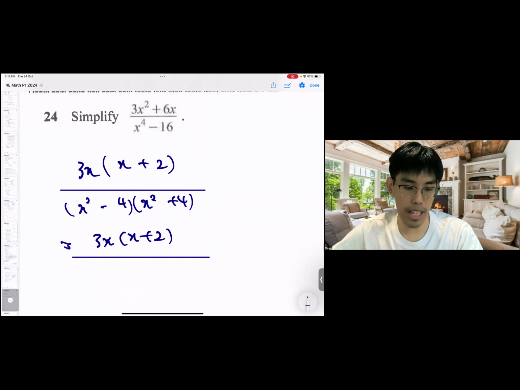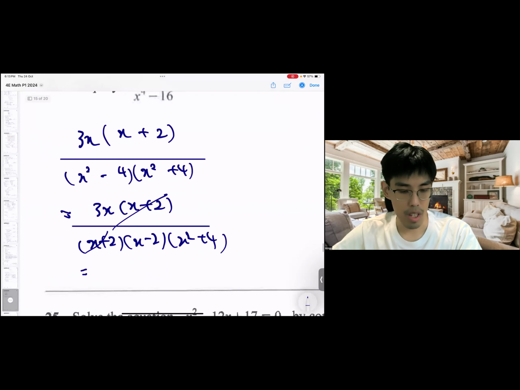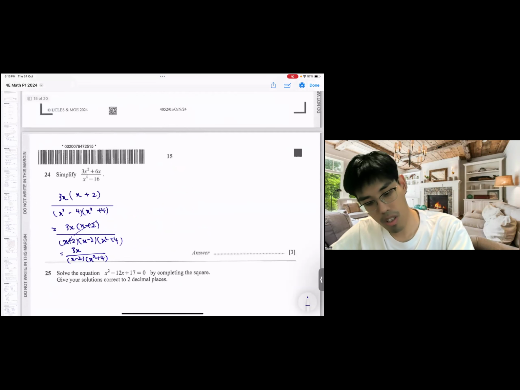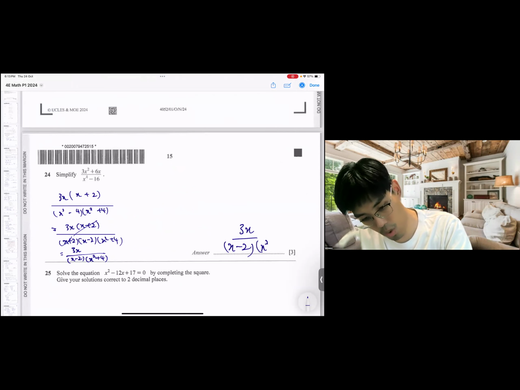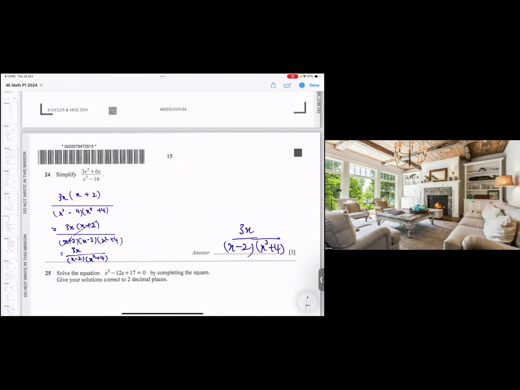Okay, I need to speed up already. x plus 2, x minus 2, x squared plus 4. So this thing strikes off. 3x over x minus 2, x squared plus 4.